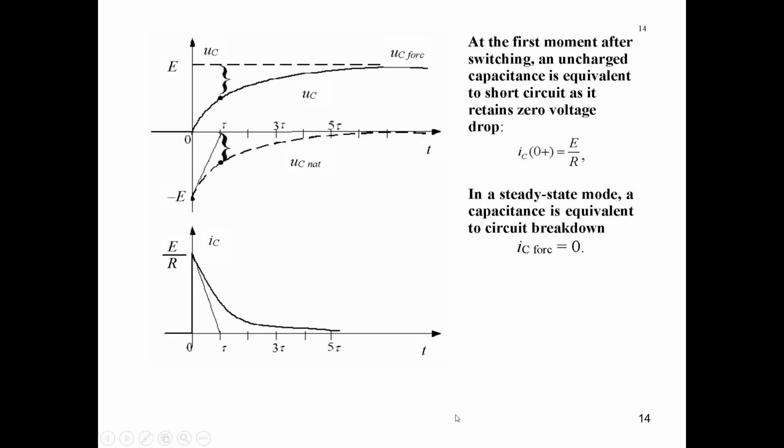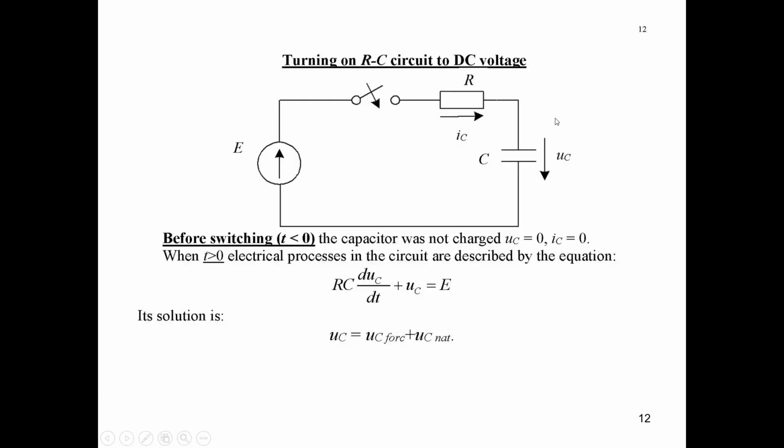You see, now we will finish this part of the lecture, and the next part will deal with turning on the RC circuit, the RC branch, to AC EMF, to alternating current, alternating voltage.